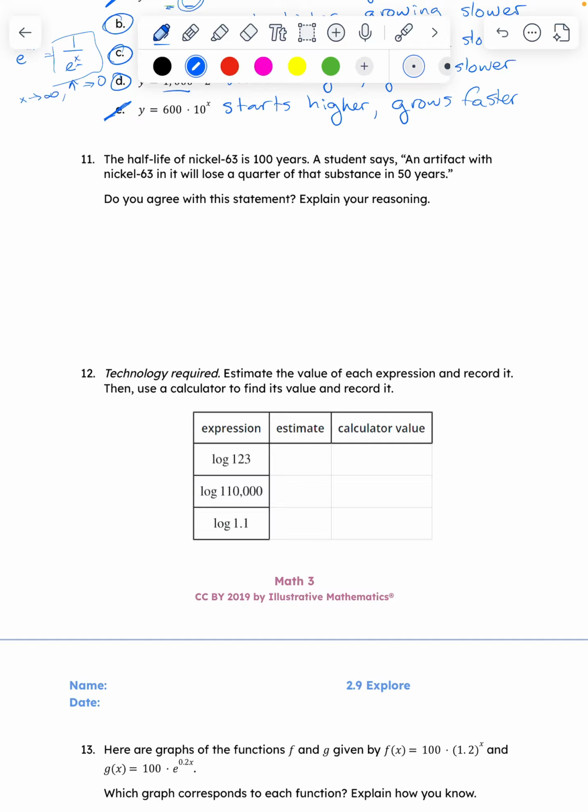So let's write a function for this half-life, right? The amount of nickel 63 after a certain amount of time is going to be equal to whatever my initial value was, the initial amount of nickel. Calling it A for now because I love A as a starting value or leading coefficient. My B value here is that half-life, so 1/2.